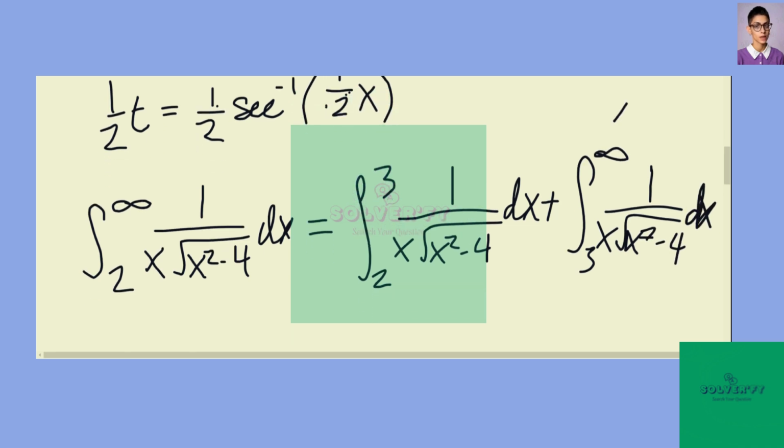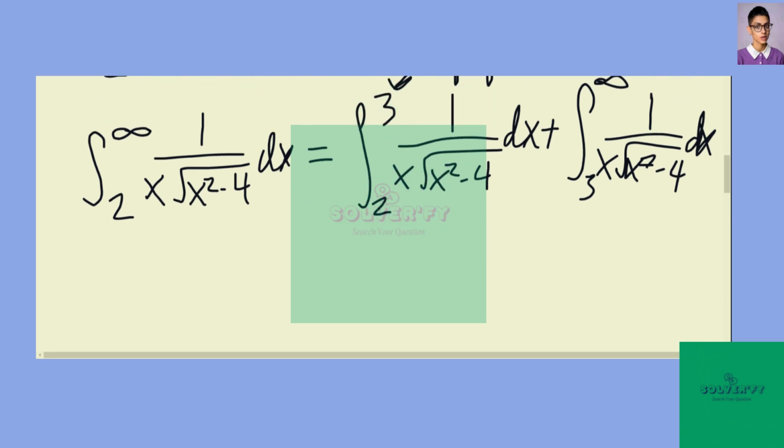Notice that these are both improper. This one on the right is improper because the limit is infinity, while the one on the left is improper because the function is discontinuous at x equals 2.